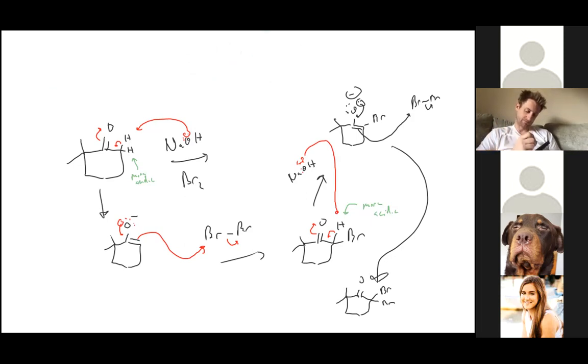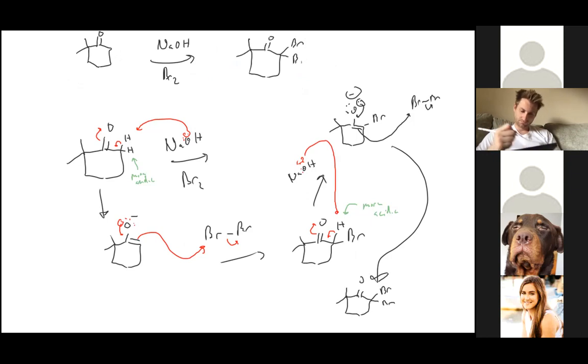Right, a reaction up top. So adding in NaOH and Br2 is going to result in dibromination, because once you pull off the first proton and brominate, you made a more acidic center.